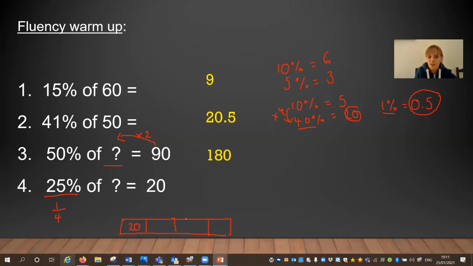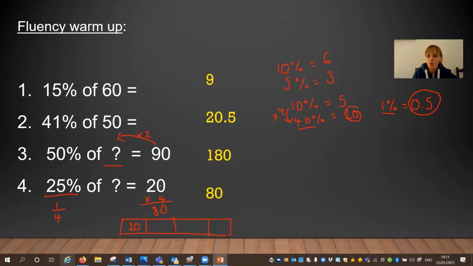Now, to make this a whole, because it's quarters, we've got to have 4 lots of this 20. So if I do 20 and I times it by 4, what do I get? I get an answer of 80. So that means that 25% or 1/4 of 80 is 20. Are we right? Yes, we are.